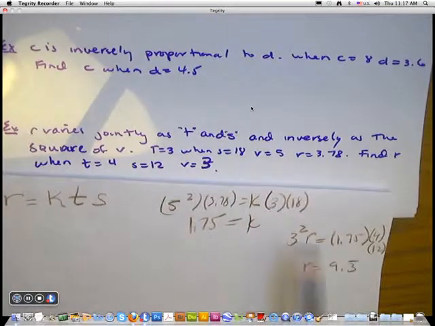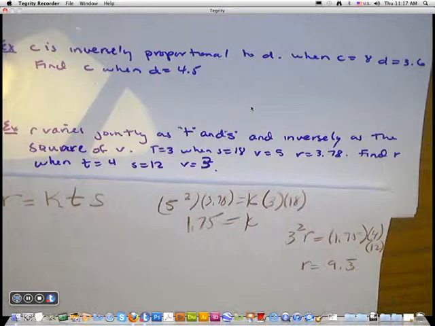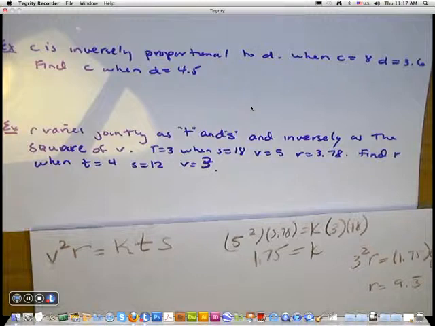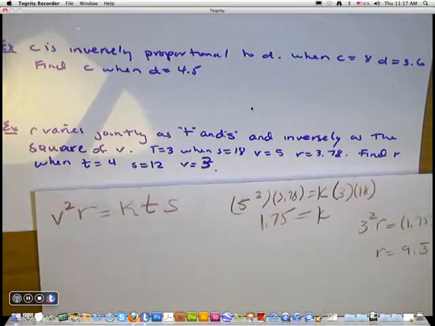Write your equation, find your K, and use your K. All right, one last word problem.